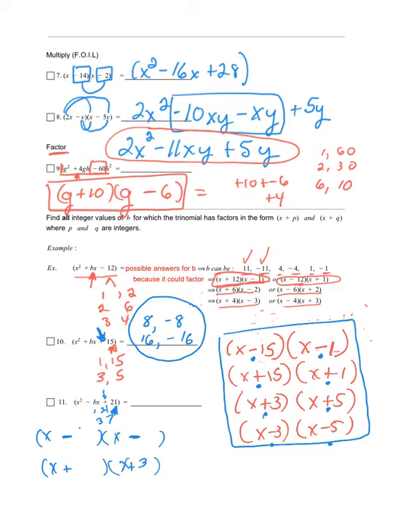I'm going to have 7 and 3 and 7. Oh, nicely wrote 3 already. And then I also have to test out 1 and 21. Because this coefficient is 1, I know these will be x and x.